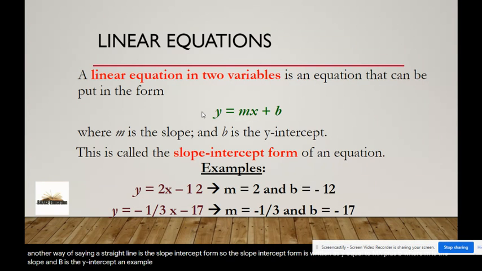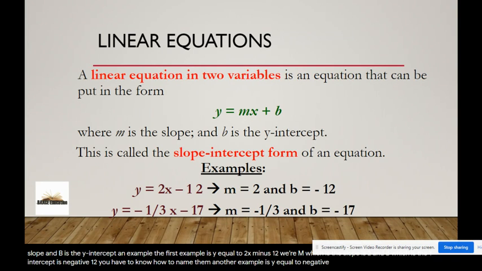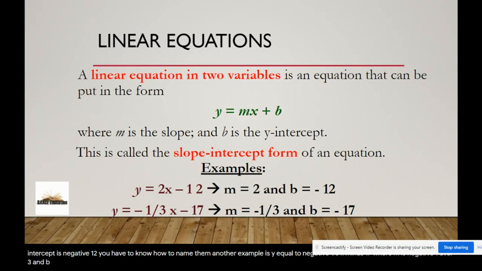The first example is y equal to 2x minus 12, where m, the slope, is 2, and b, the y-intercept, is negative 12. You have to know how to name them. Another example is y equal to negative 1/3 x minus 17, where m is negative 1/3, and b, the y-intercept, is negative 17.